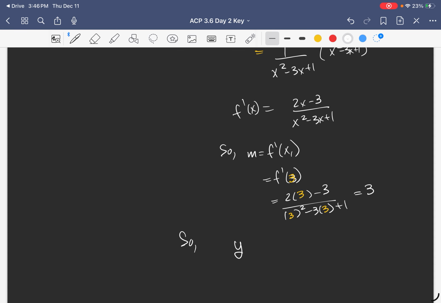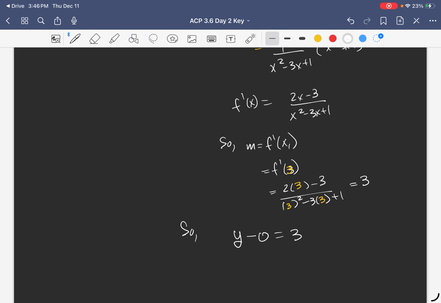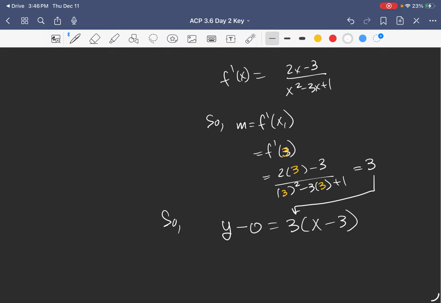So y minus y1 is equal to m, this m goes right here, m times x minus x1, and m is 3. So you end up getting that y is equal to 3x minus 9.